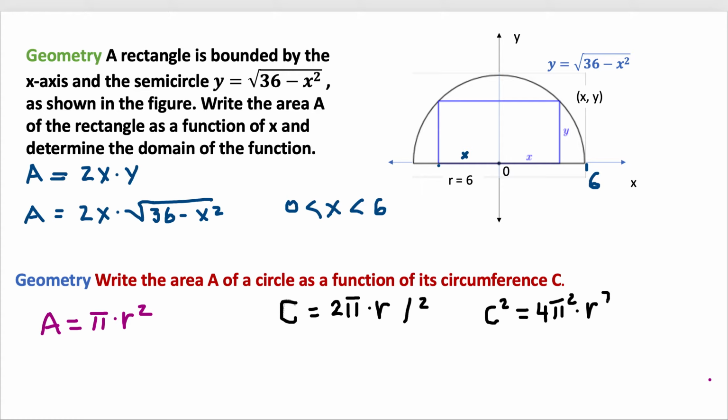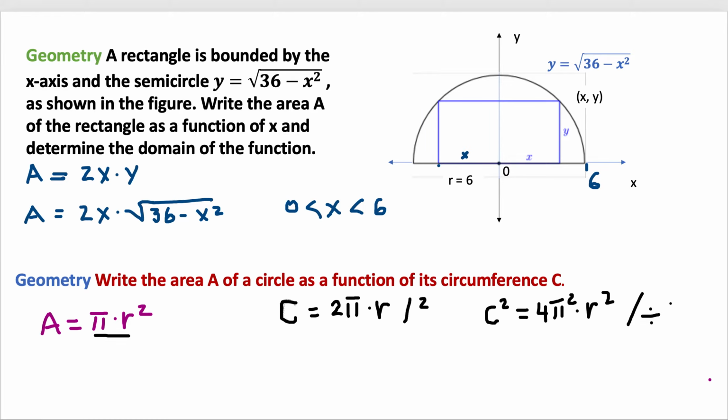But now I want to make this pi r squared, exactly like I have here. In order to solve this for pi r squared, I'm going to divide everything by 4 pi. So I'm dividing by 4 pi.